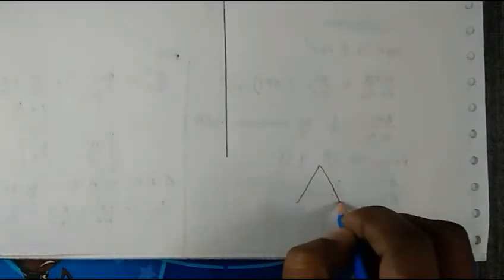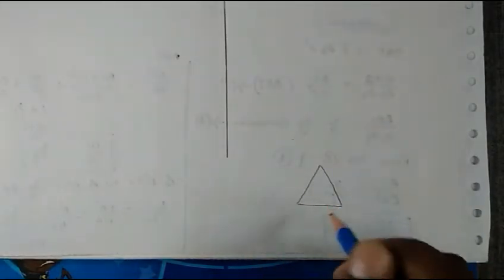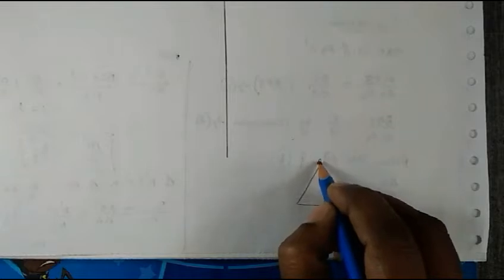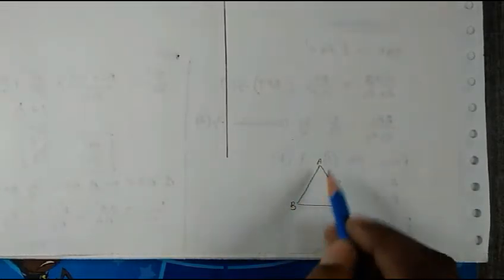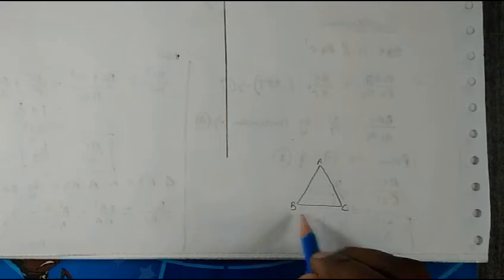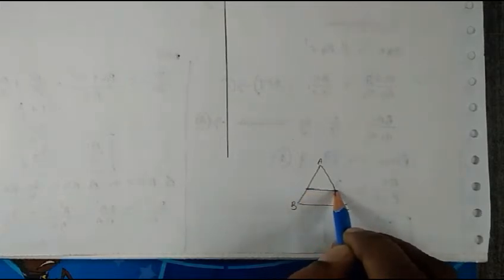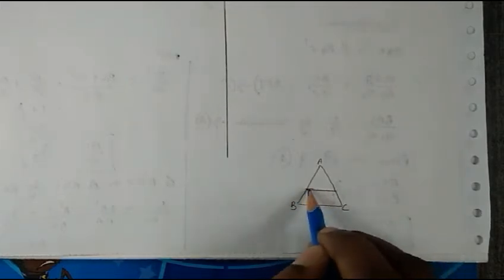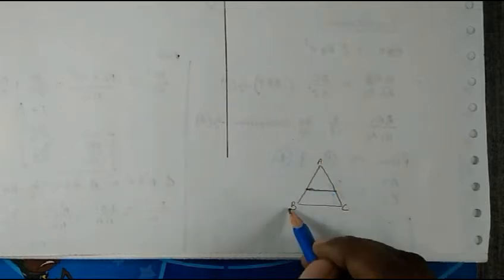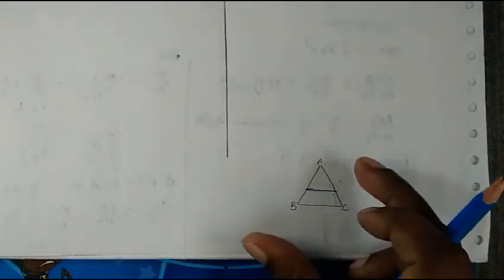To understand that, let's take a triangle ABC, and these three sides of the triangle are there. Any one side we draw a parallel line. When we draw a parallel line, this line will divide both the sides of the triangle into equal ratio.